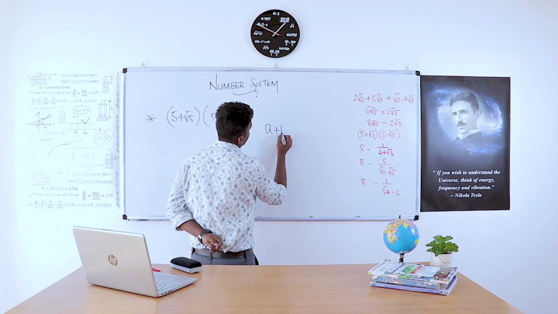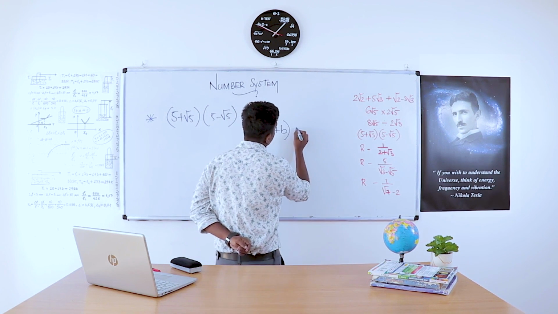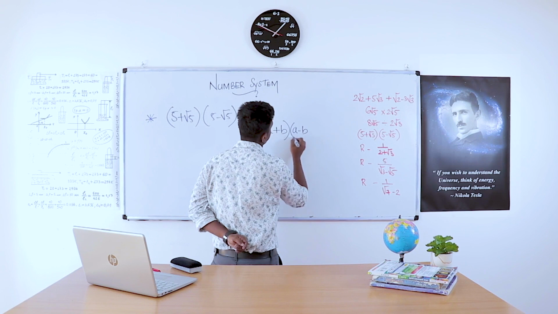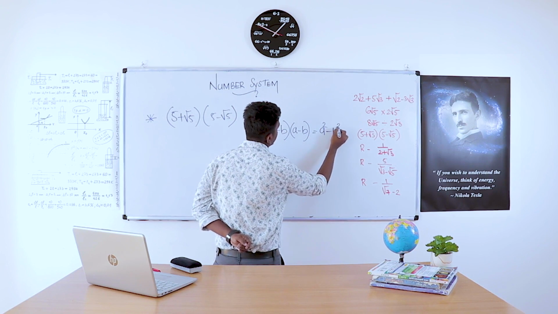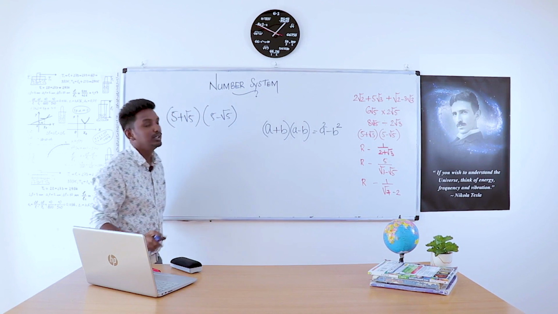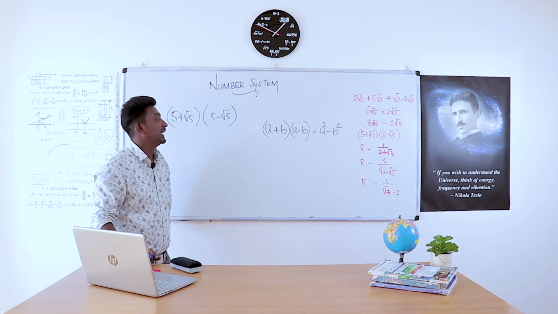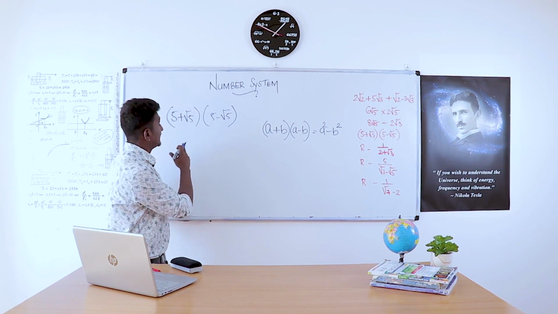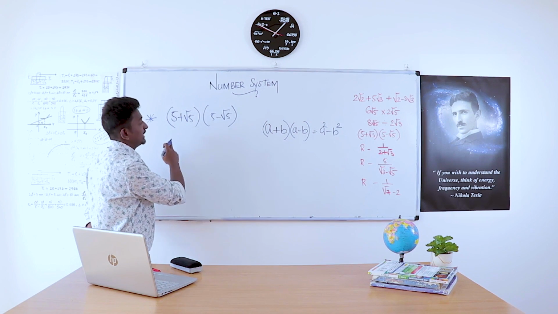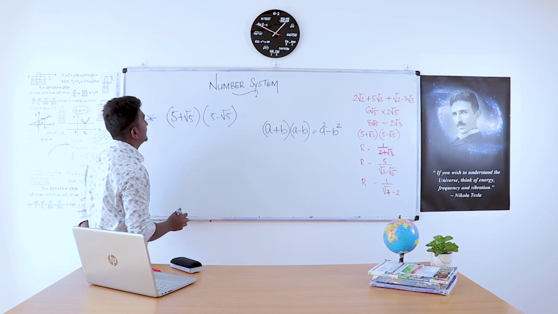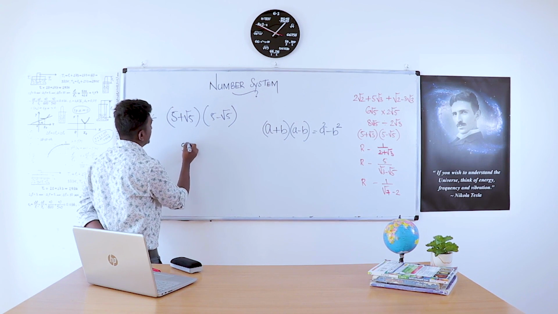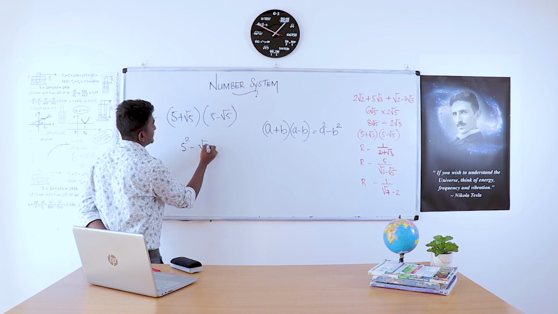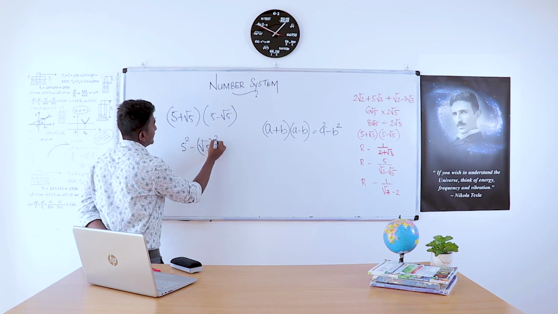A plus b into a minus b is equal to a square minus b square. Here in this problem, in place of a it is 5 and in place of b it is root 5. Therefore 5 plus root 5 into 5 minus root 5 can be written as 5 square minus root 5 the whole square.